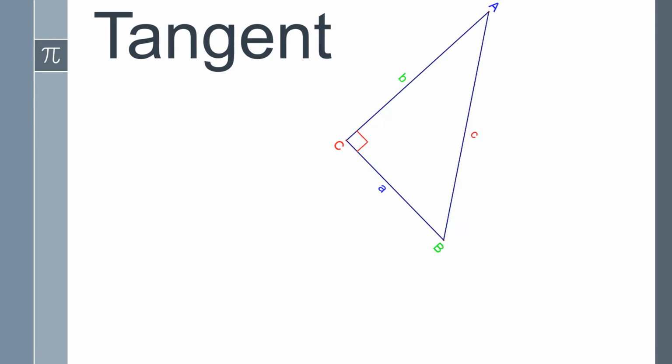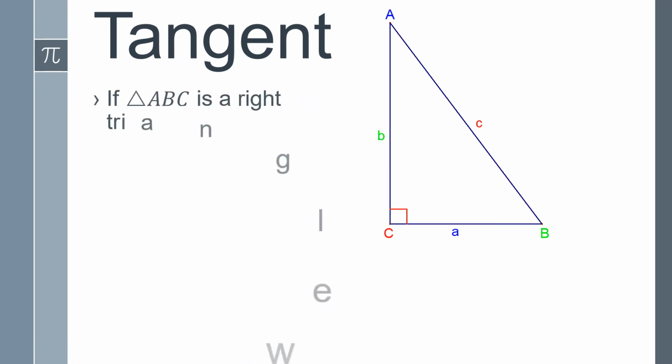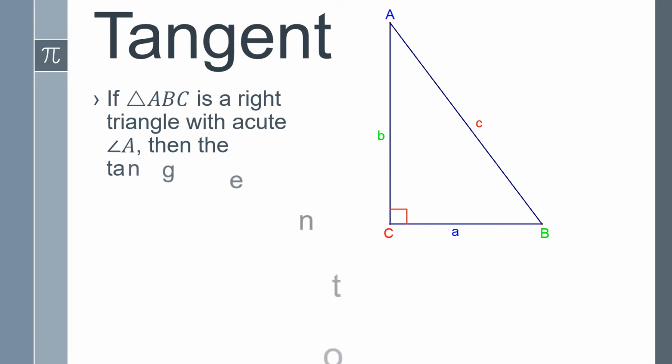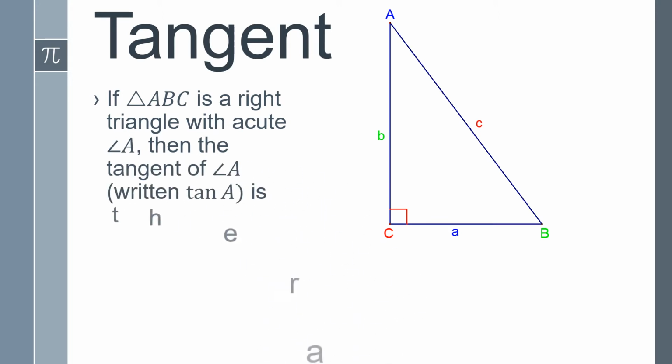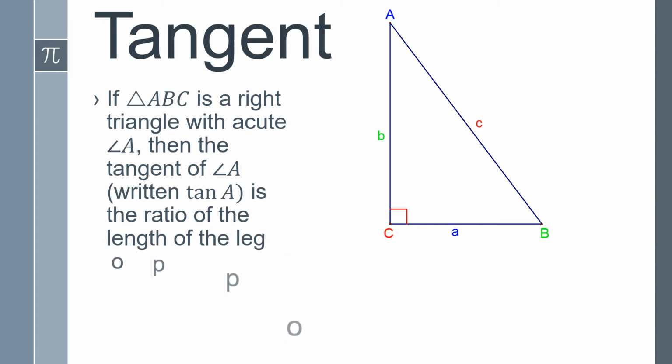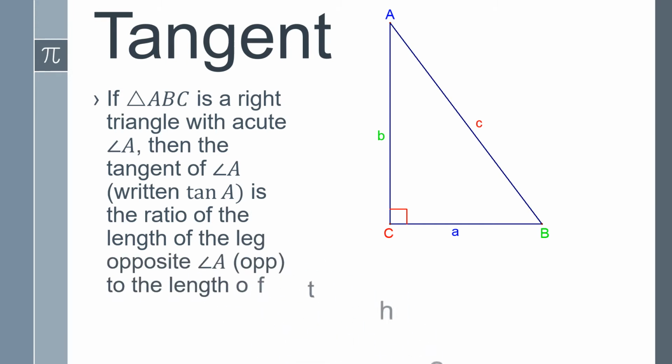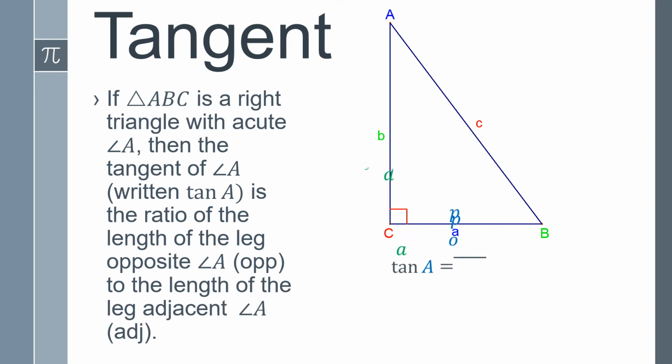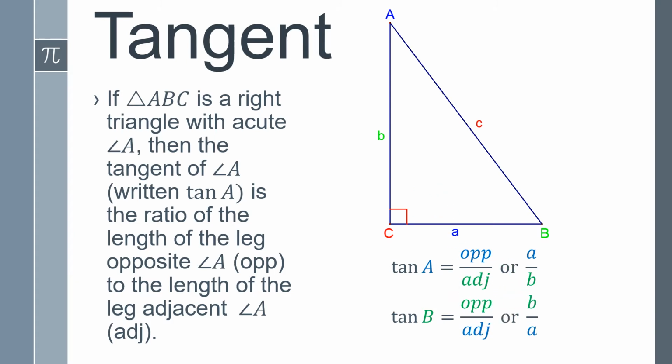Okay, next we have what's called the tangent. So if triangle ABC is a right triangle with acute angle A, then the tangent of angle A, written tan A, is the ratio of the length of the leg opposite angle A to the length of the leg adjacent to angle A. So for angle A, here's the opposite, and here's the adjacent.